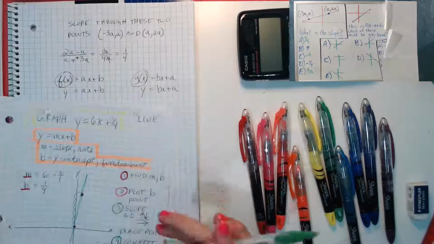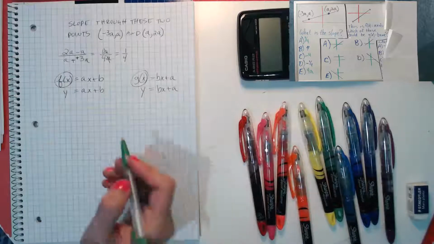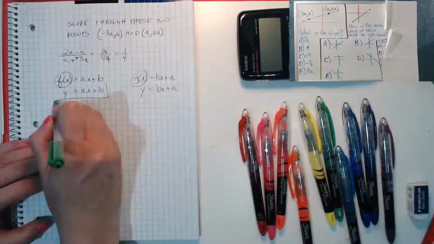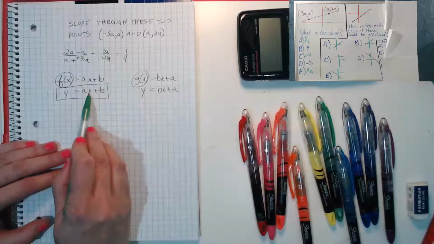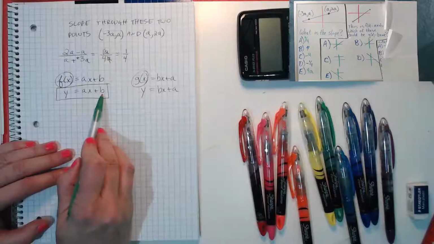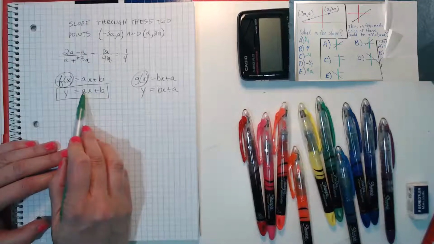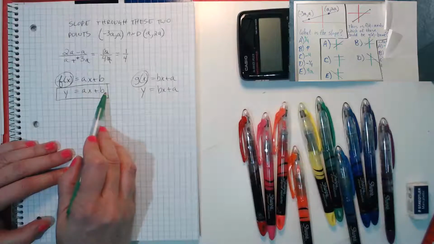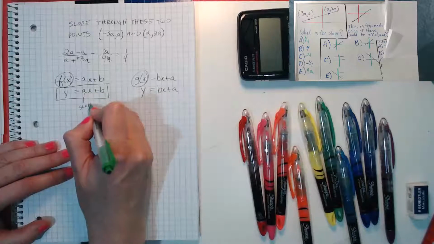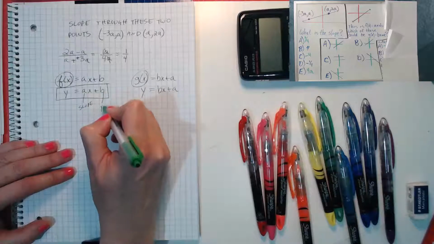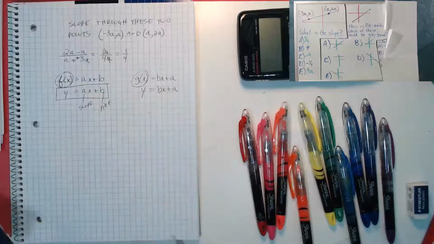All your brain needs to see is I've got a y equals some kind of variable in front of an x plus a plain variable. So it doesn't matter what they look like. One can be an m, one can be a b, x, y, z, doesn't matter. Just remember that this one is the slope and this one is the y-intercept, okay?